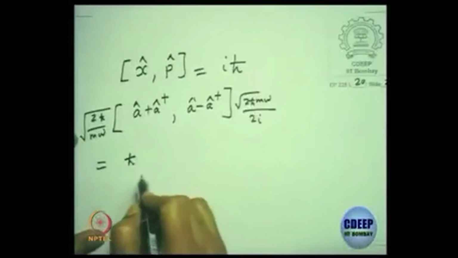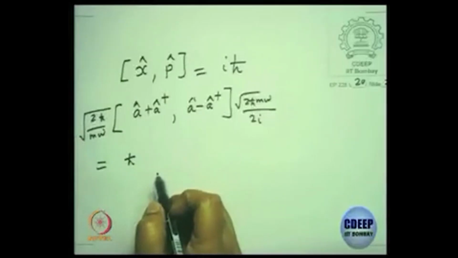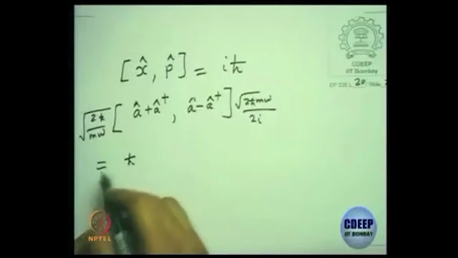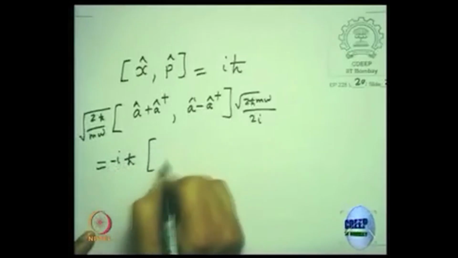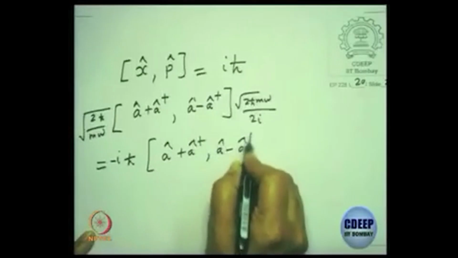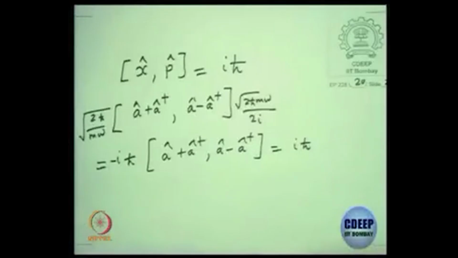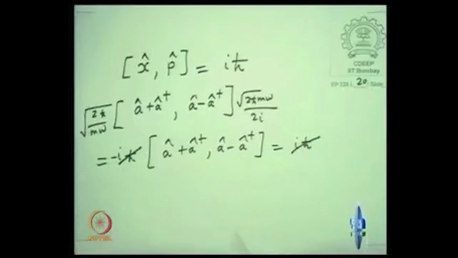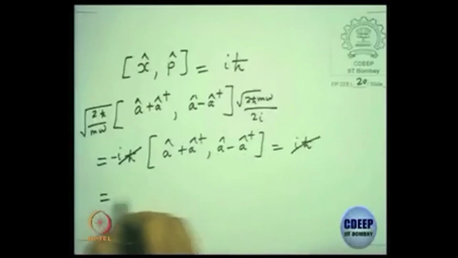It becomes h cross, m omega cancels, minus i h cross, i h cross. A with A is 0, A dagger with A dagger is 0. So what will the final answer be?